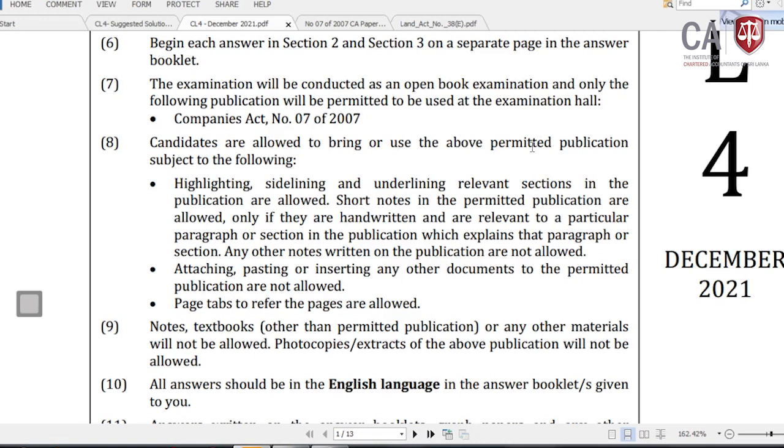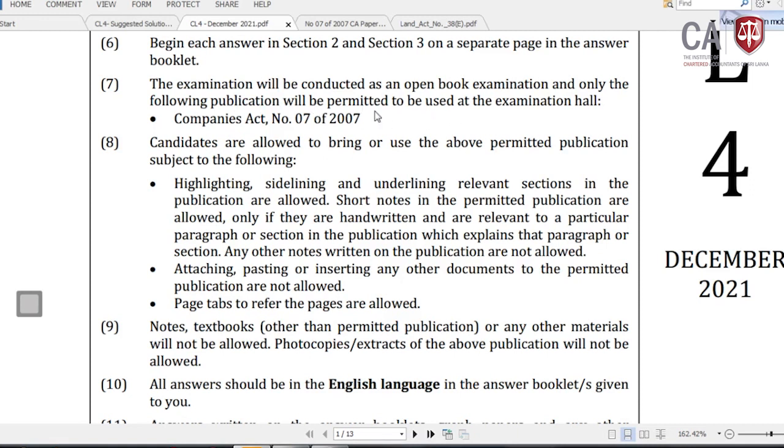You must take a copy that you have obtained from the Publication Bureau. You can obtain a copy of the Companies Act from the Publication Bureau, so that is the Companies Act that you should keep. The examination will be conducted as an open book examination.